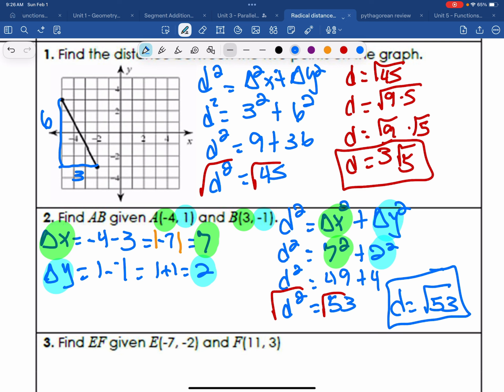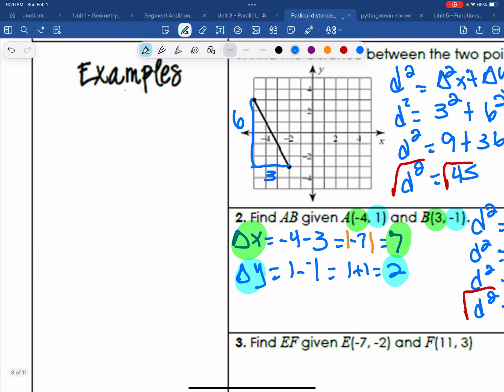Now what I'm going to show you next over here on the side is that you can use nSolve. You're just going to go menu 3-1, and you're going to get your nSolve.